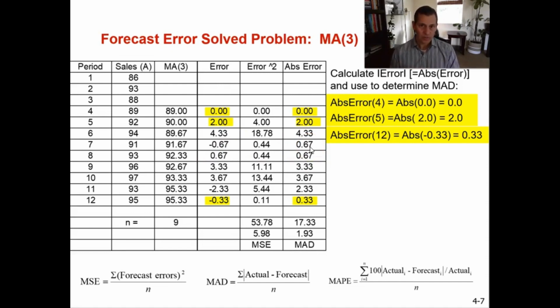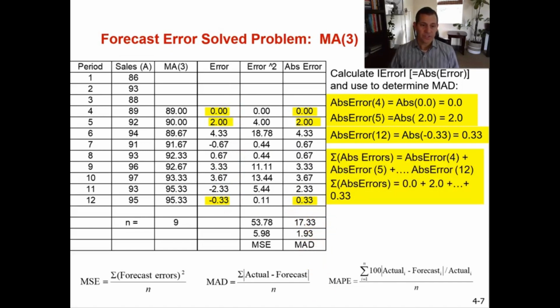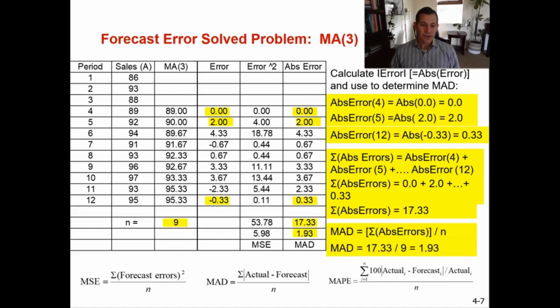Now, why this is important is, again, we're calculating the absolute error, and where some of you will go wrong is you're going to just add up the errors and you're going to forget to make it an absolute error. So when you take the sum of all the errors, it's going to be less than 17.33. So when you take 17.33, which is the sum of the absolute errors, and then you divide that by your n of 9 periods, that gives you a mean absolute deviation of 1.93.